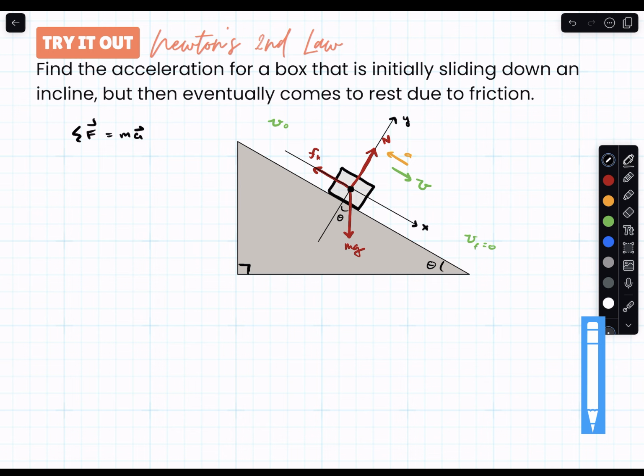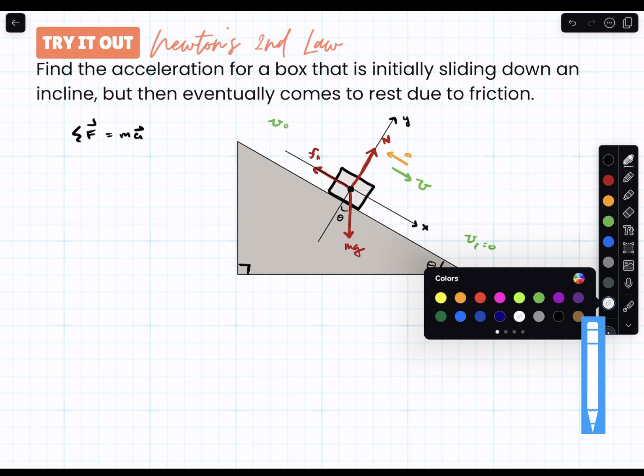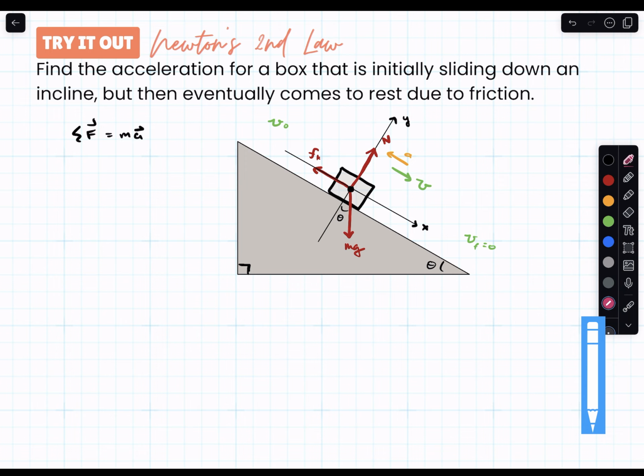So what that means is we can create, and I'm going to use a slightly different color just so it's not confusing, let's use pink, component vectors that lie along this. So basically, we can break this mg into this vector and this vector, which can also be written over here, because remember, we can move vectors anywhere we want, okay?